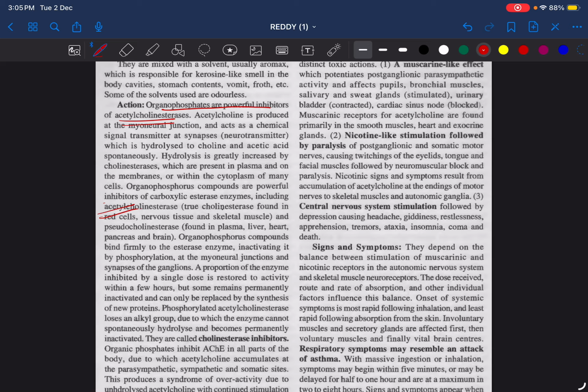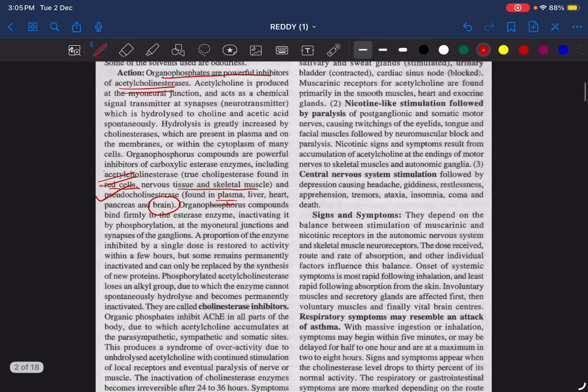The true cholinesterases are found in the red cells, nervous tissue, and the skeletal muscles, and are very important in the brain. In plasma, we have another form of cholinesterase that is called pseudocholinesterase. So this organophosphorus compound will bind firmly to the esterase enzyme, inactivating it by phosphorylation at the neuromuscular junction and the synapses of the ganglion.